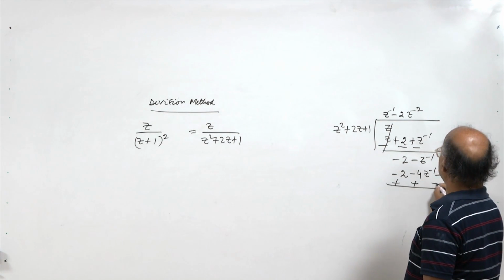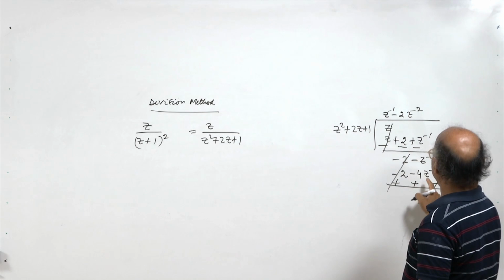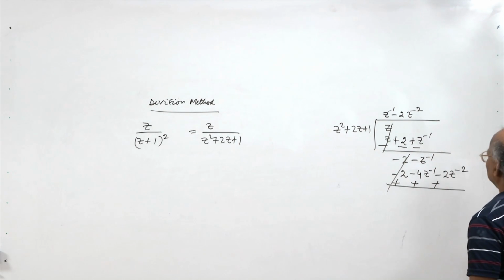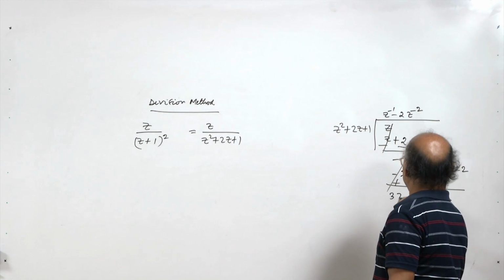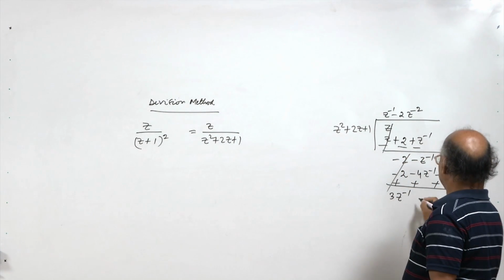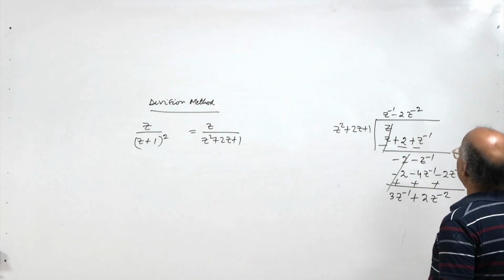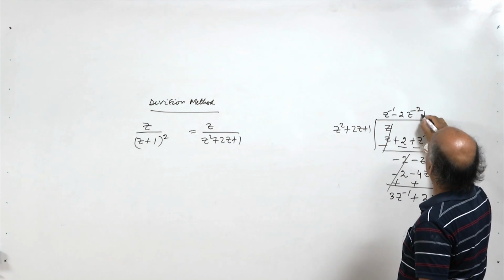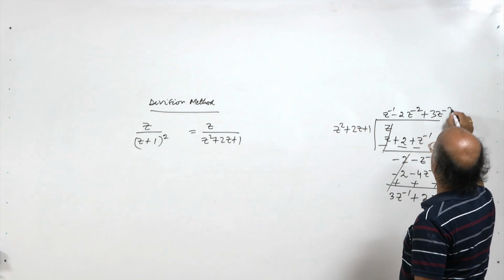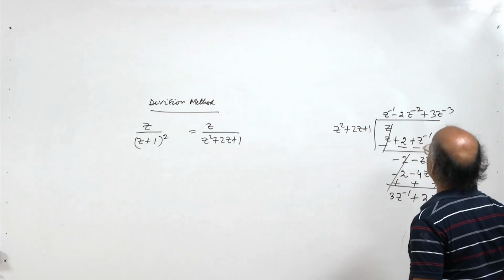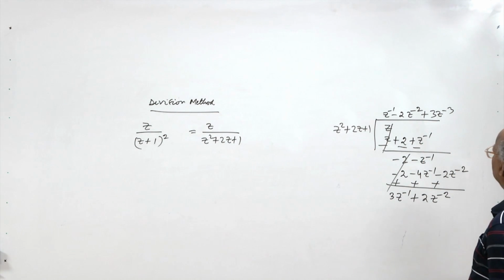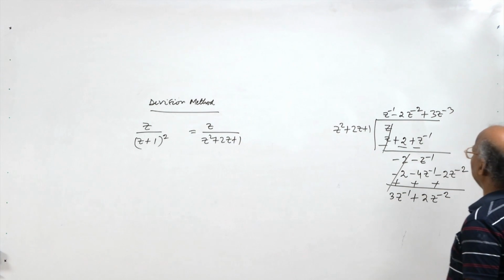So, the signs change and this cancels, and we get 4 z to the power minus 1 minus z to the power minus 1. So, we get 3 z to the power minus 1 plus 2 times z to the power minus 2. Now, we multiply by 3 times z to the power minus 3, so that when we multiply it to z square, it will give us 3 times z to the power minus 1.